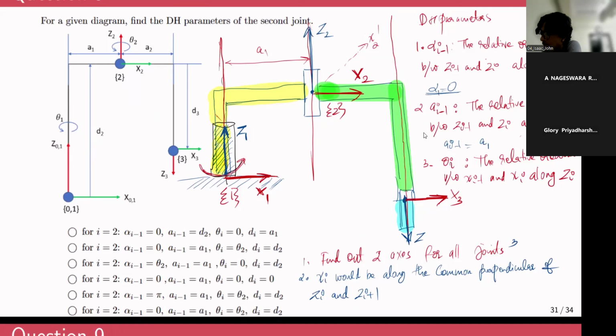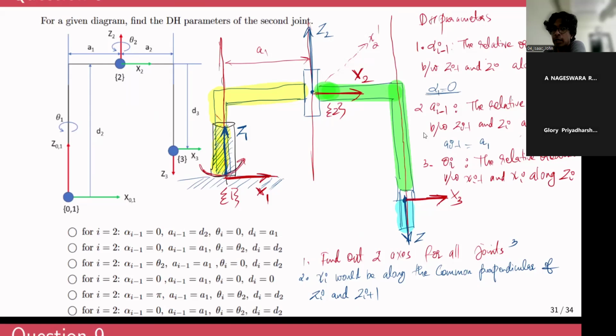Now you have to identify the relative orientation between x1 and x2 along z2. What will that be? If you consider this joint to be a revolute joint, the revolute joint will be parameterized by a joint variable theta 2 probably, right?